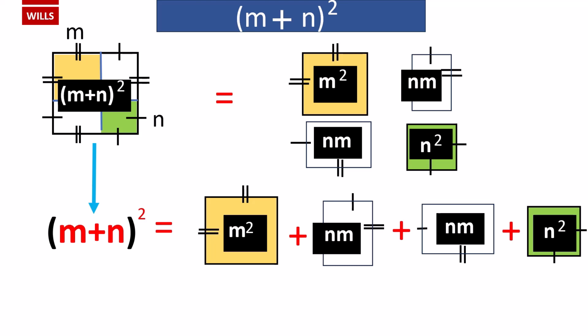Now let's pull out their areas to form our equation. m squared plus nm plus nm plus n squared. So we have been able to pull our equation from the single shapes, that is the expansion of the bigger shape.